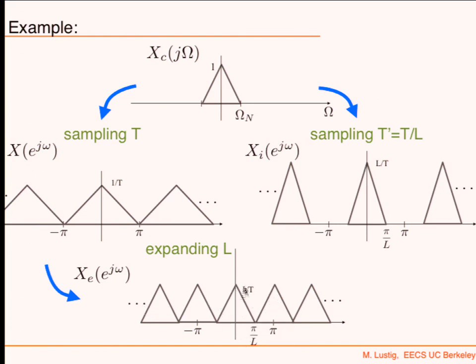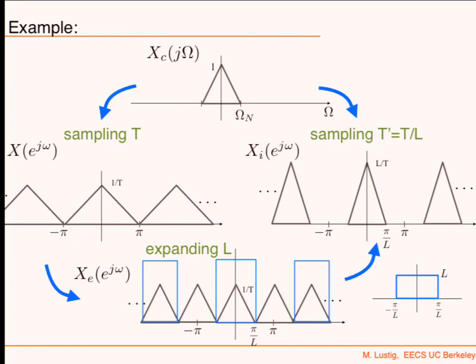The first replica goes up to pi over L, then the second replica, and so forth. Now I take a low-pass filter with an amplitude of L and filter it, and you'll see that it gets back to here. So it's exactly the same thing, but I did that through the digital domain.